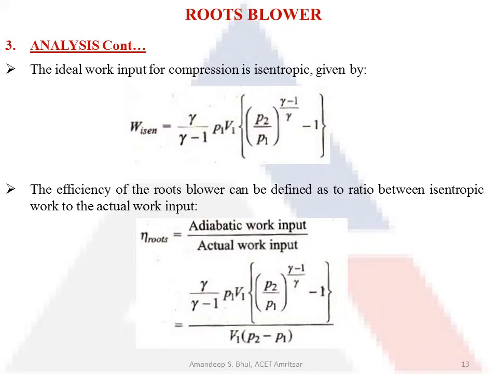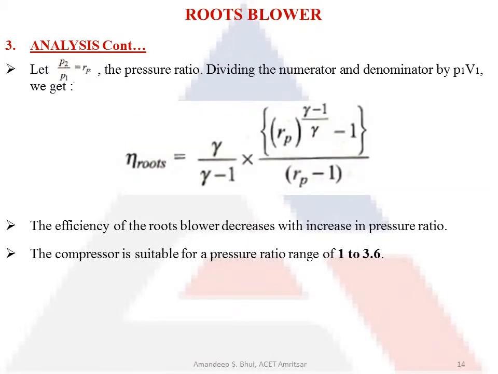Now to calculate the efficiency of the roots blower: the efficiency is the ratio of the adiabatic work input divided by the actual work input. At the bottom we can see the formula, and if we replace the pressure ratio P2 by P1 by RP, the pressure ratio, we get the desired equation for the efficiency of the roots blower, given in the formula here.